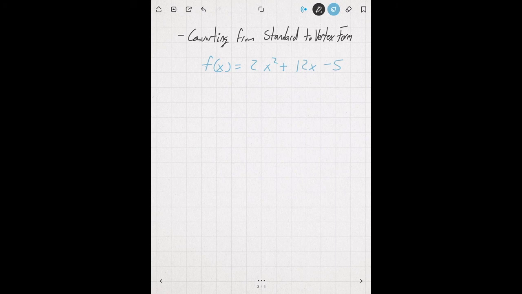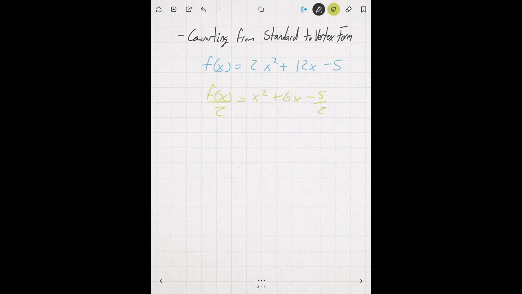Now you can go ahead and try to factor this like normal. You can go ahead and try to use the vertex formula, the negative b over 2a, and that's fine. But what I want us to do is get in this habit of completing the square, where we alter the standard form of the quadratic into the vertex form. So pause the video, take a couple minutes, and give this a try.